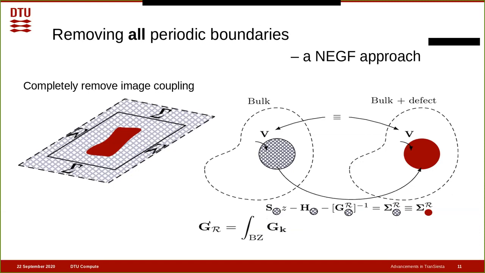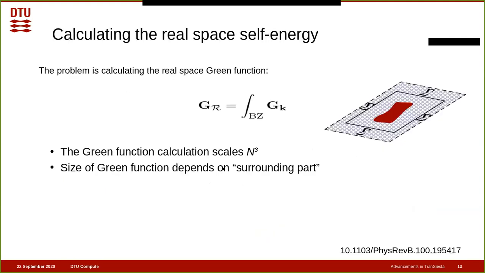The problem is that it's quite heavy to calculate because you need to do a fine integral of the Green's function for every energy point in the Brillouin zone. So here the problem is that the Green's function calculation scales as n cubed. Here we really need to calculate the full Green's function, so it's probably easier to do the dense matrix form. And then the size of the Green's function that you want to calculate is the full thing here.